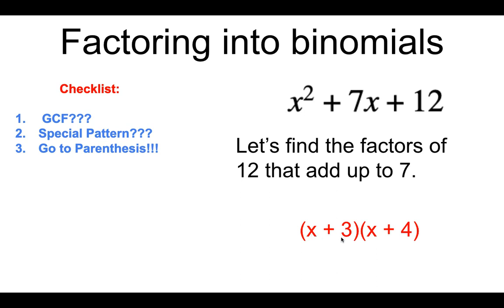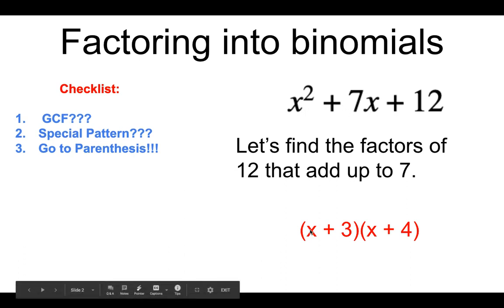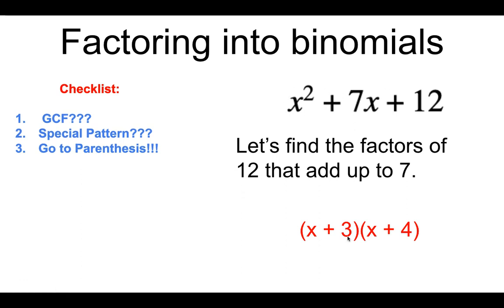You get an x plus 3 and x plus 4. These are the two binomials. When multiplied together, they will equal this trinomial. Believe it or not, if you FOIL this out, and you guys can do it right in your head right now, the result would be this trinomial. So in red, these are the factors of the trinomial up above.